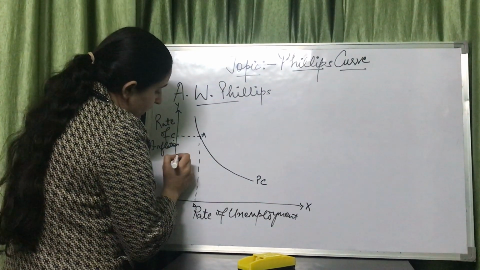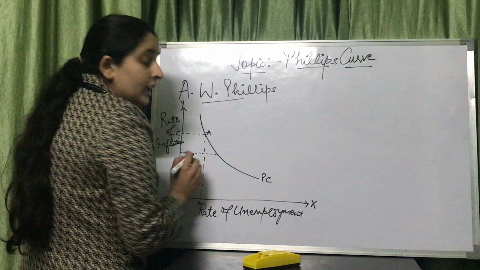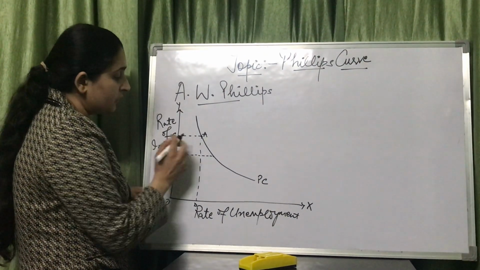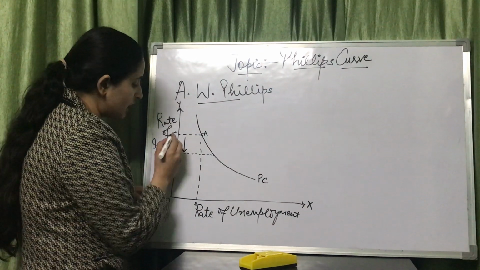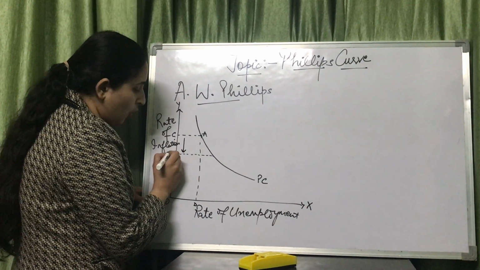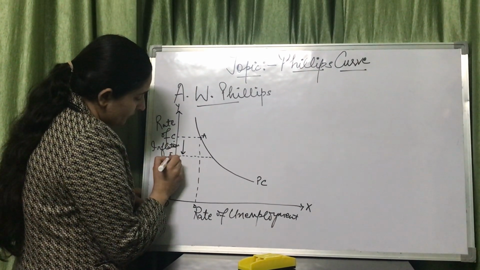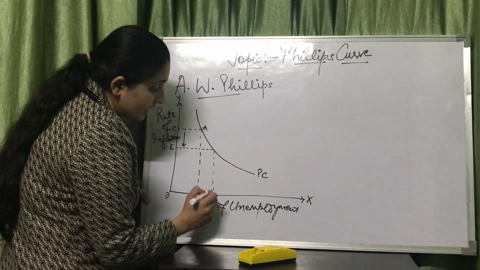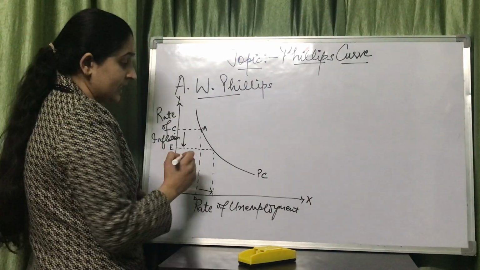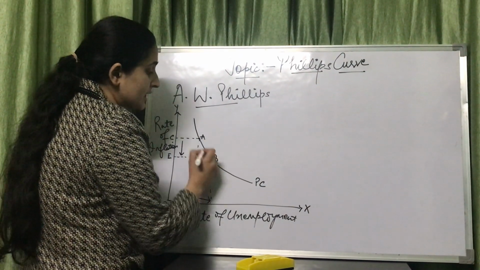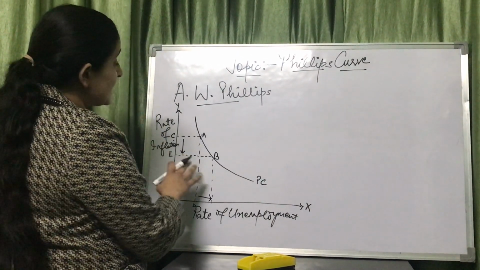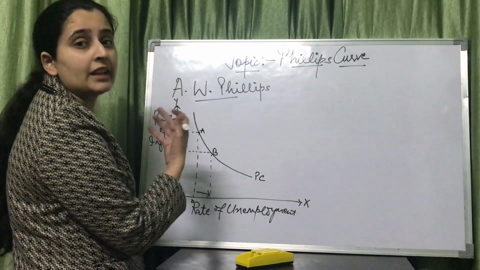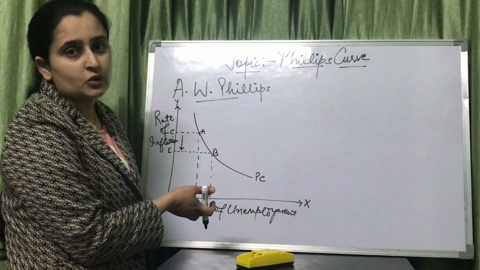When Phillips studied the UK, he noticed that when the rate of inflation decreased and came down from OC to OE, the rate of unemployment increased. It came to point B on this Phillips curve. So this showed that there is an inverse relation between these two components.